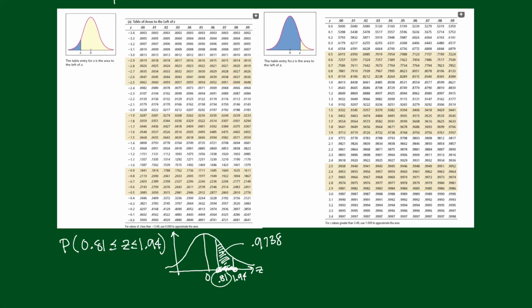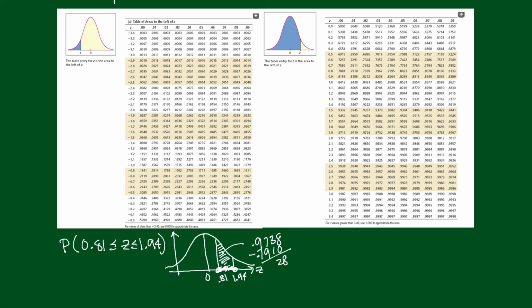So find the 81. Okay, so where is that 0.81? 0.81, 0.8, right there. There's 0, there's 1, 0.81, 7910. So minus 0.7910. 8 minus 0 is 8, 3 minus 1 is 2.